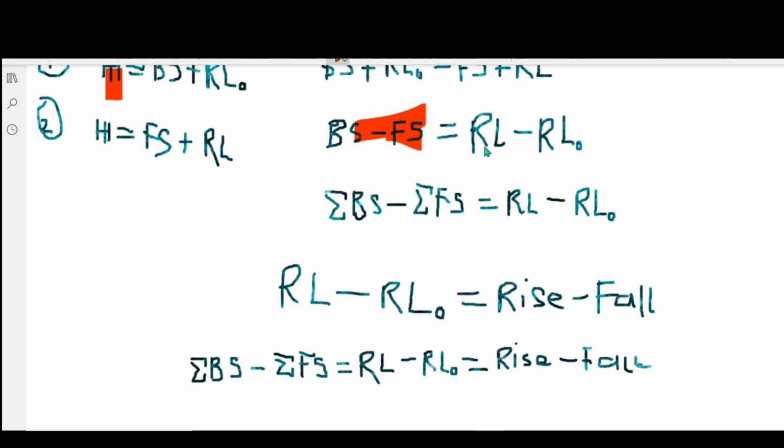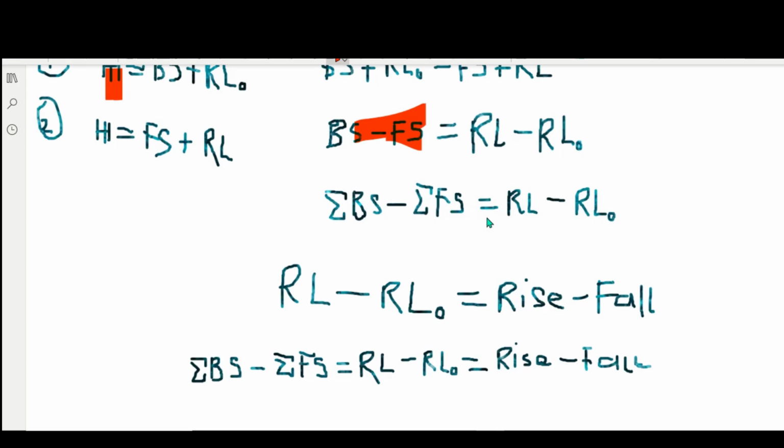That means we are going to add all the backside readings together, and we are going to add the foresight readings together respectively. We now call that summation of backside minus summation of foresight. It's still the same formula, but this one is for when we have several change points.